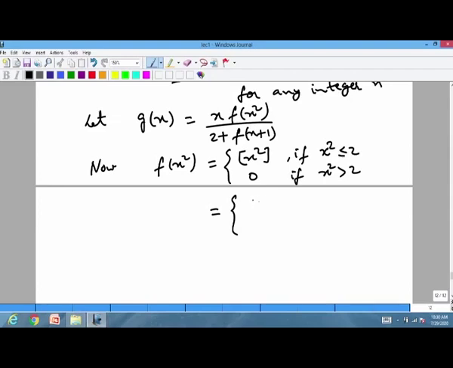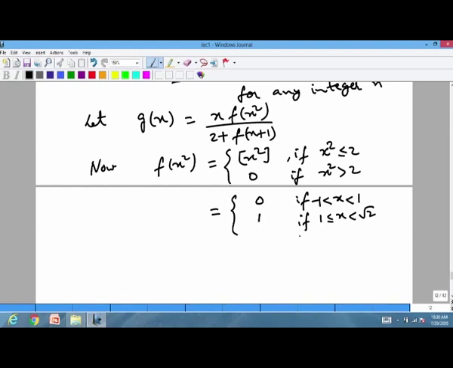Now, greatest integer of x square will be equal to 0 if x is between minus 1 and 1, because in this case x square will be strictly less than 1. So, greatest integer will be 0. If x is greater than or equal to 1 and strictly less than root 2, then x square is greater than or equal to 1 and strictly less than 2, so the greatest integer of x square will be 1.